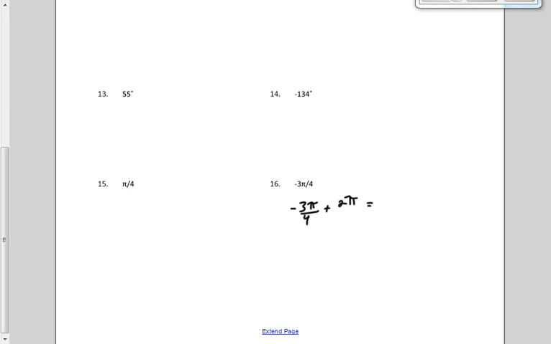I'm not going to go through this one. I want you to go through it and try it yourself, see if you can get it. But I need to multiply top and bottom by 4 of this 2 pi because I need it to be comparable to the 4 in the negative 3 pi over 4. So I'm adding 8 pi to negative 3 pi, so that's 5 pi over 4.